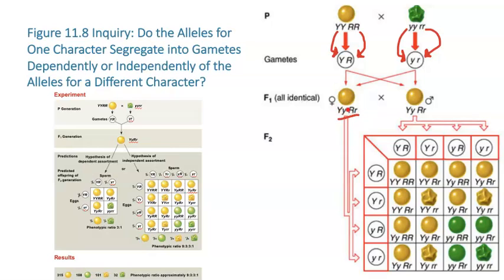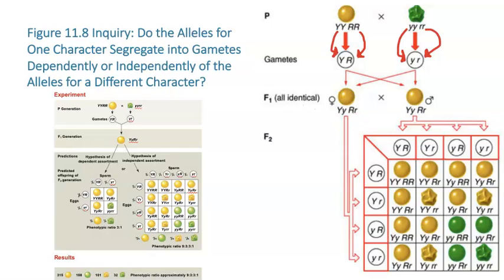Big Y, big R, little r. Right? And all of the offspring of a cross between these two are going to be big Y, big R, little r. They're all identical, so if we take one of those offspring and cross it to another in a dihybrid cross, we're going to come up with a bunch of different gametes.